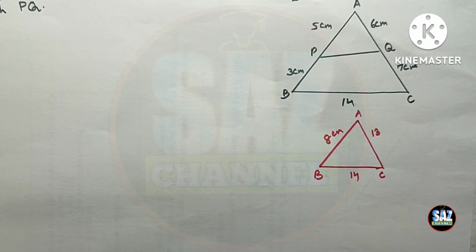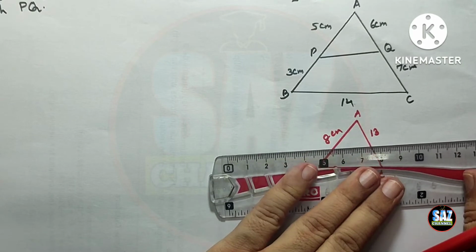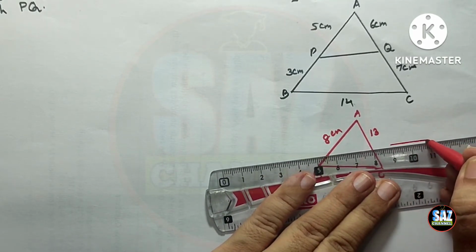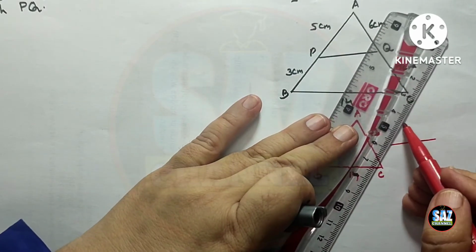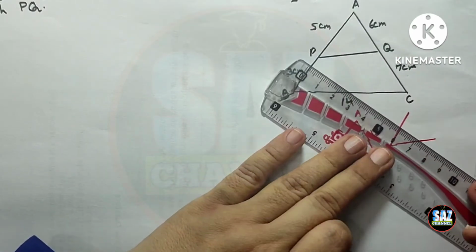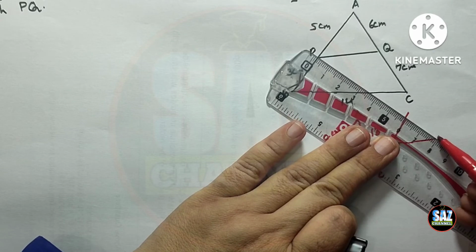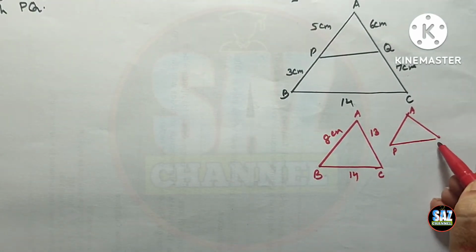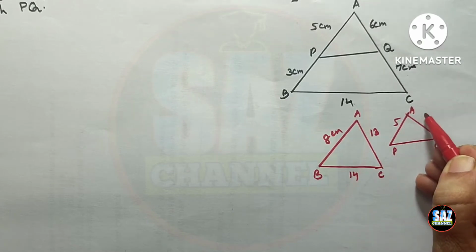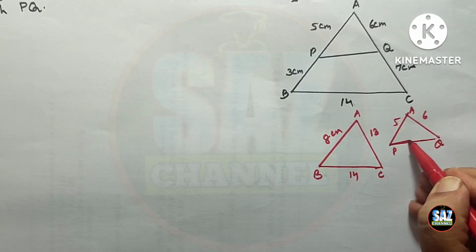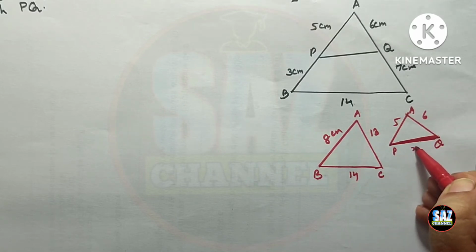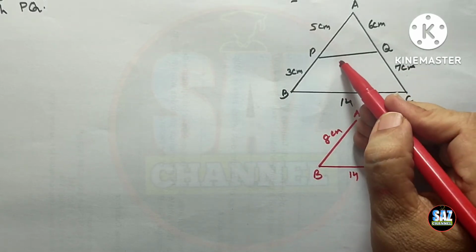And we have one inner small triangle with us, which is APQ. This is A, this is P, this is Q, this is 5 and 6, and this PQ is the requirement of the question. We have to find this side.